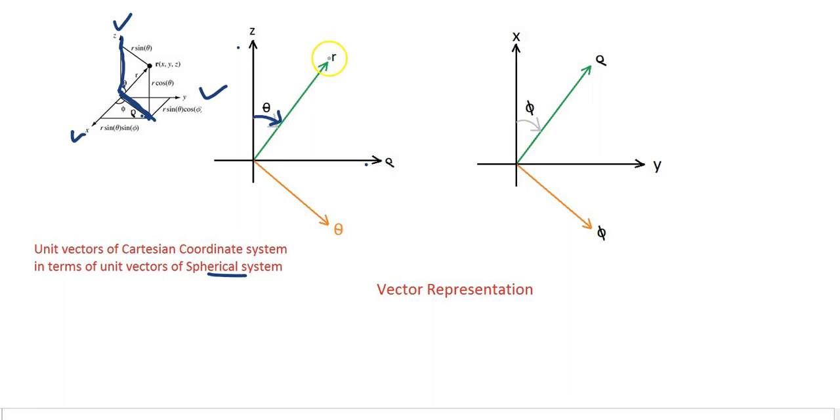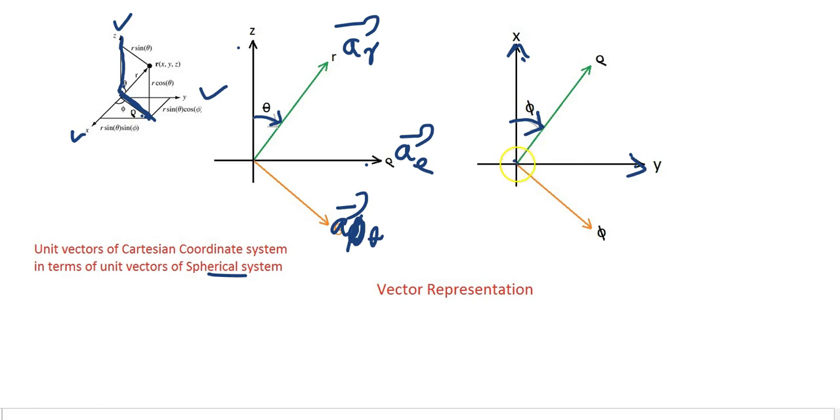This is the r, and this is the unit vector a theta. Sorry, a theta, and this is unit vector AR, and this is your unit vector A rho. I have represented the horizontal xy plane, and phi is measured from the x axis.